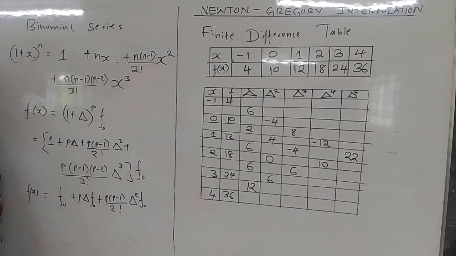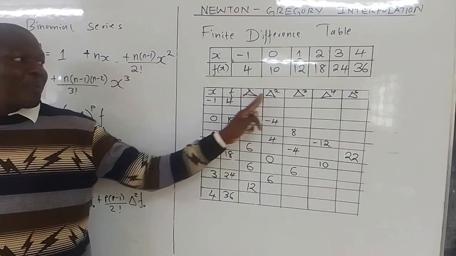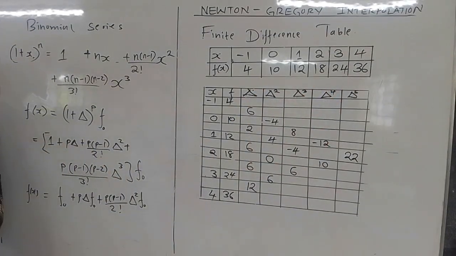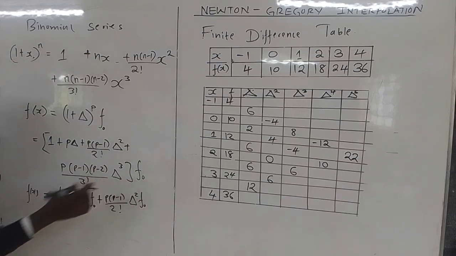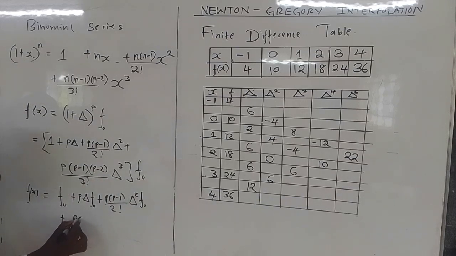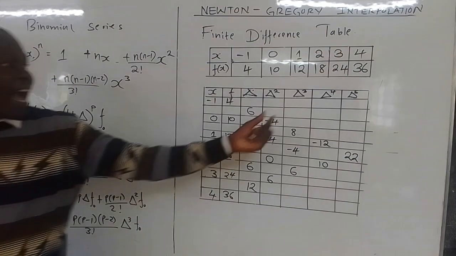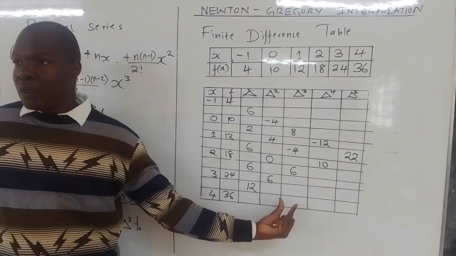So you see the reason why I was not putting the f, because there's an instance when you'll be using the backward difference and an instance when you'll be using the forward difference, isn't it? Are we together? Yes. Then next, f naught, if you multiply here, what do you have? Plus p into p minus 1 into p minus 2 over 3 factorial, then delta cube f naught, meaning the third column. Are we together?